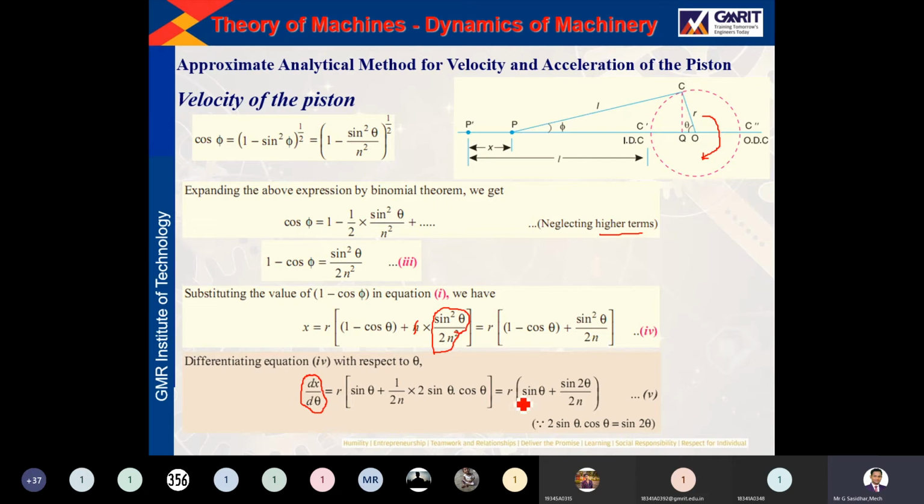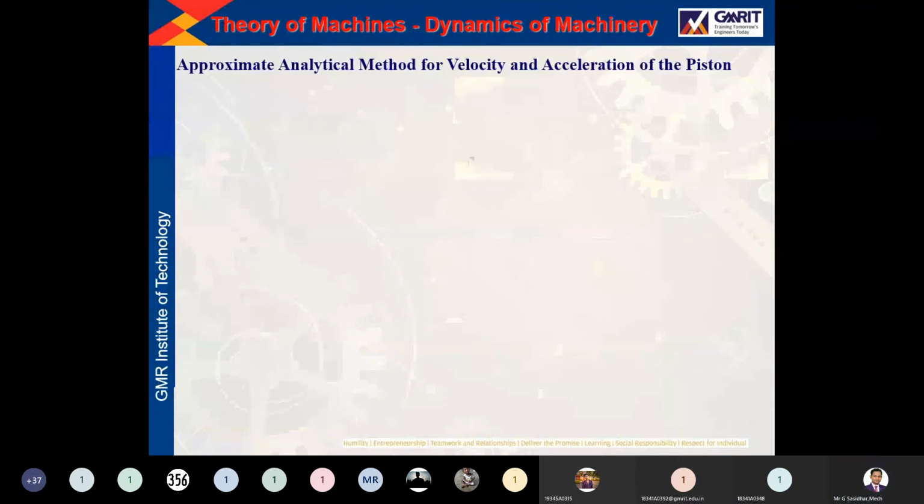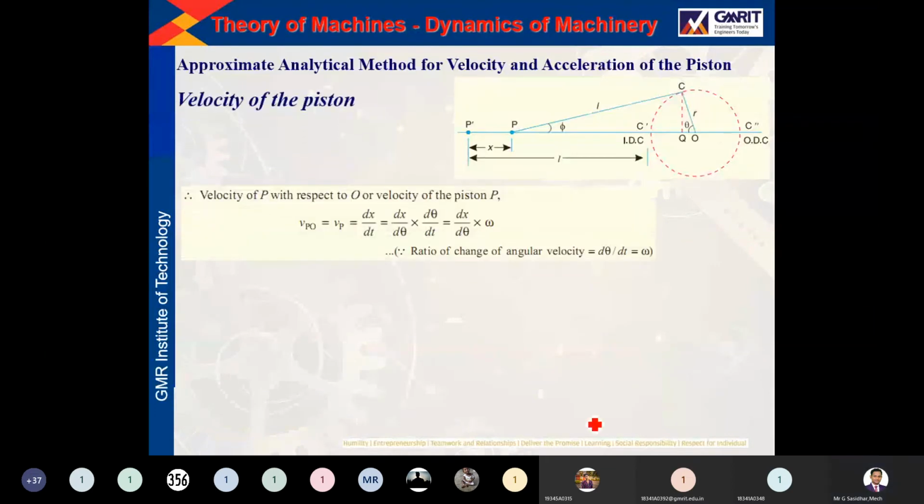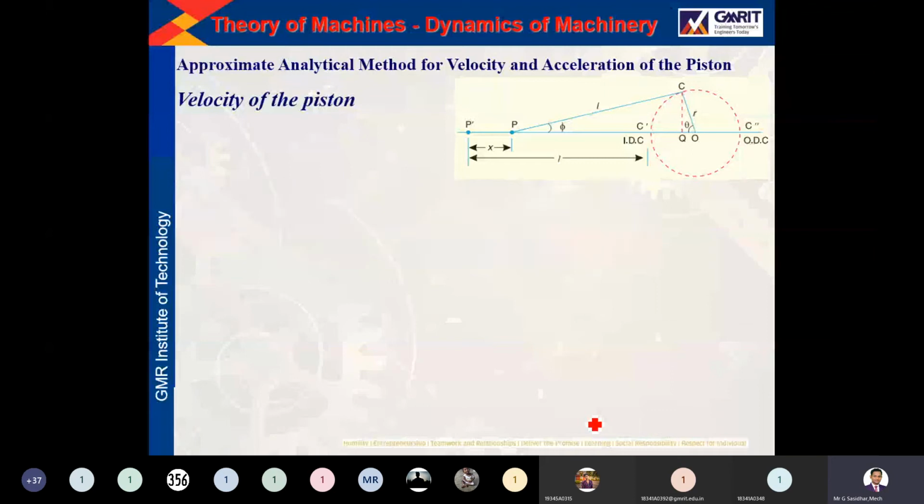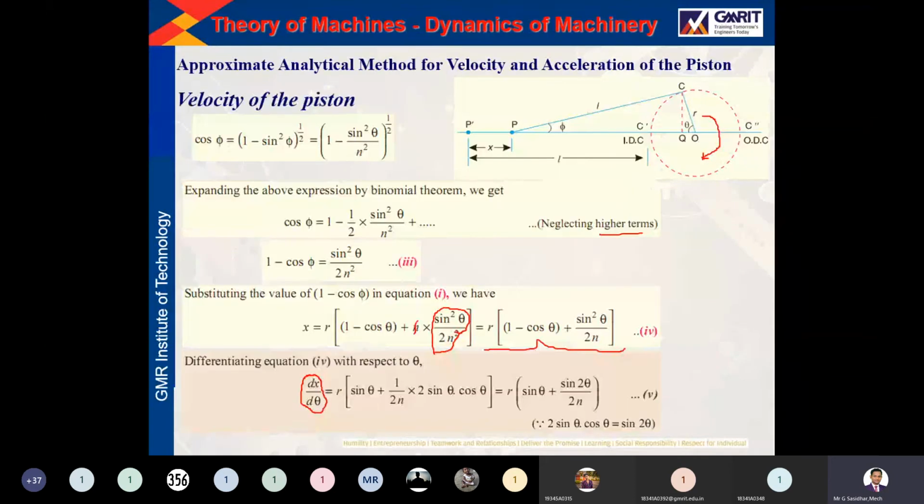Okay, 2n is there. After simplifying, r times (sin theta plus sin 2 theta by 2n). I will write 2 sin theta cos theta as sin 2 theta, by 2n. This one I got for dx by d theta. Just derive this equation with theta. I will get r (sin theta plus sin 2 theta by 2n). Now I got the equation in terms of d theta for x derivation with d theta.